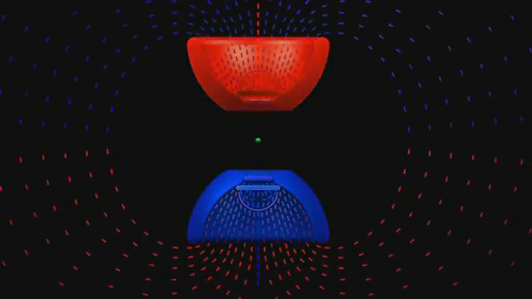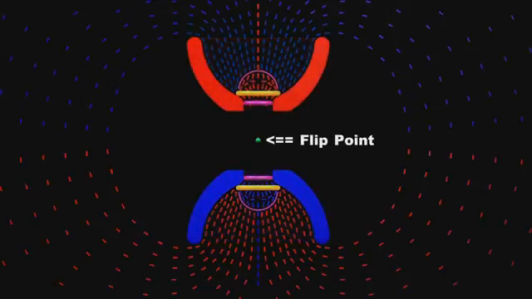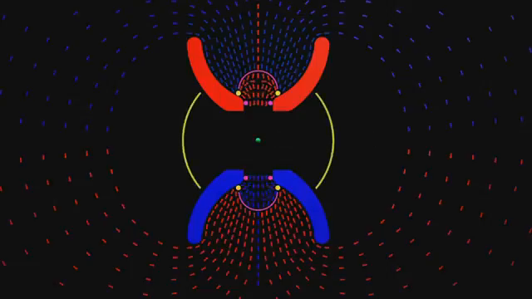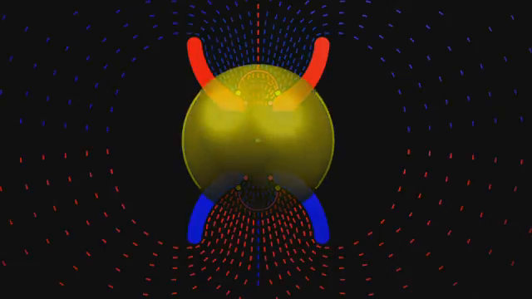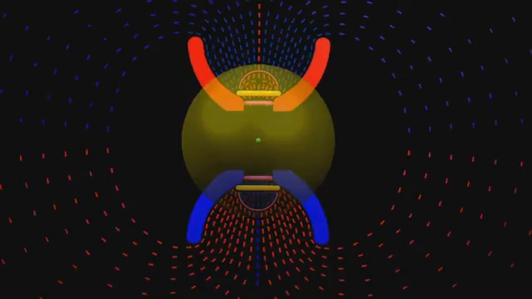The shape of the magnetic substructures within the red and blue bowls is identical, except they are of opposite magnetic orientation. In stars, the 2 bowls would be at the poles of the star, and the flip point would be the focal point, or the nucleus, of the star.